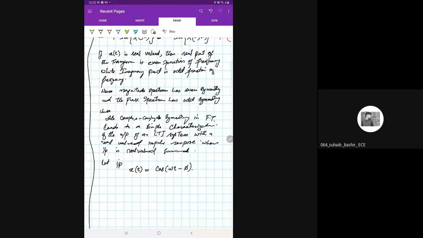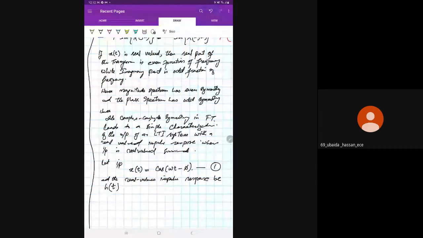This is equation 1, say for example, and the real valued impulse response be denoted by h of t. So the impulse response is h of t, and your input signal is x of t equal to cos omega t minus phi.